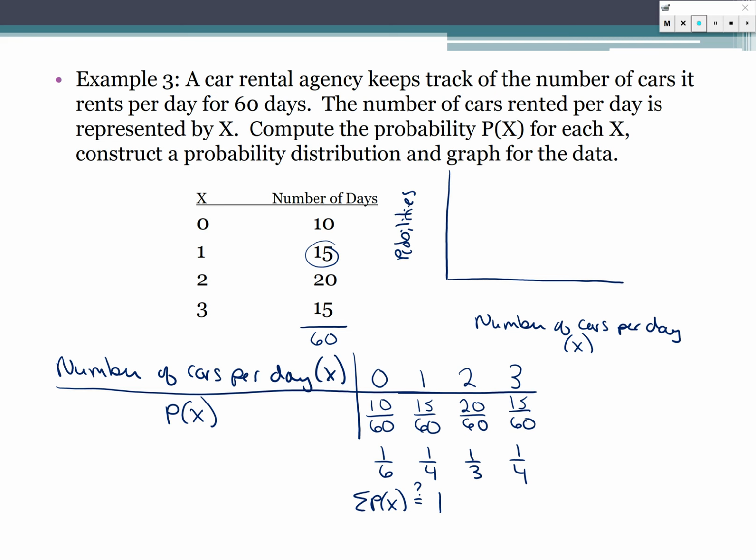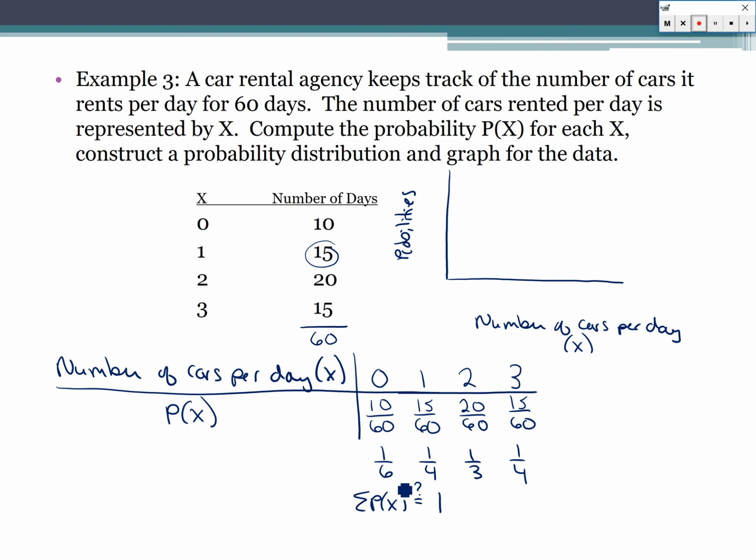Now we need a scale that goes up by an equal amount. With our theoretical ones, it's pretty easy to do. Now for these, our numbers are a little bit different. I don't want to have to go by 60ths. That's going to give me a lot of little increments to draw.